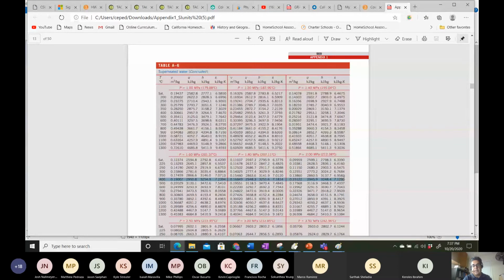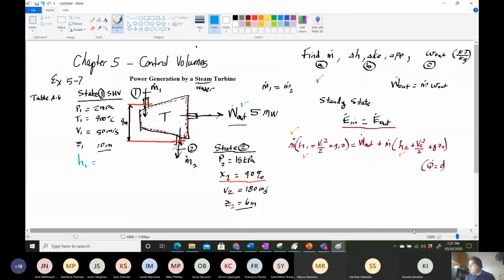And we're looking for H, which is second from the right here. It's 3248. Let me make sure. 3248. Yeah, okay. So we come back here and say this is 3248 kilojoules per kilogram. Now we found H1.